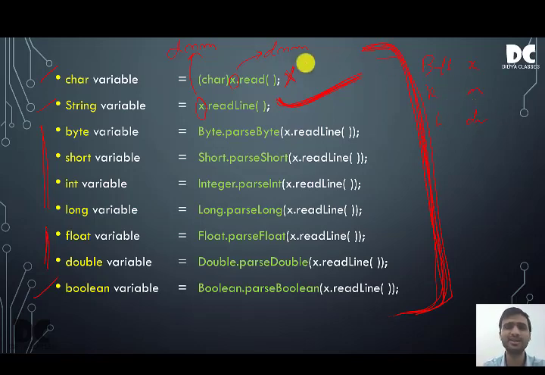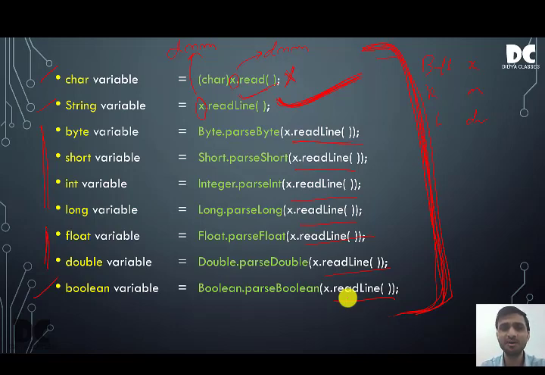I have just given an object name; generally we take X, therefore I have taken X. In that object X, if you want to take a string value as input, you have to write readLine. Here you can see that for byte, short, int, long, float, double, boolean, everywhere we are writing readLine. But what is the work of readLine?